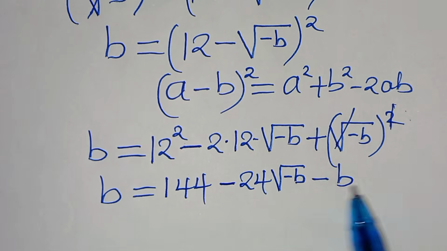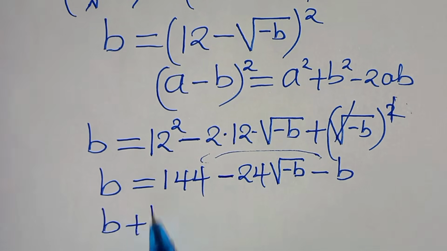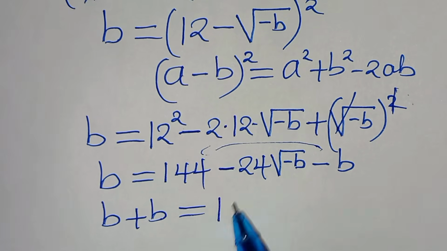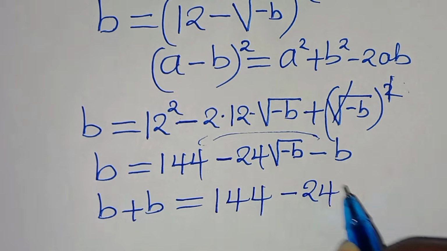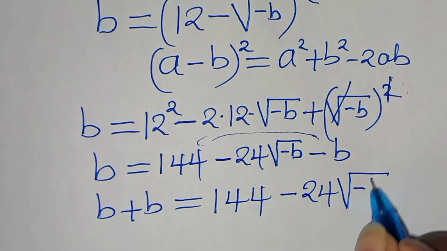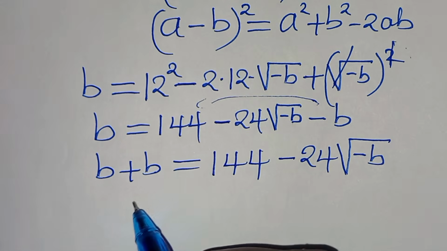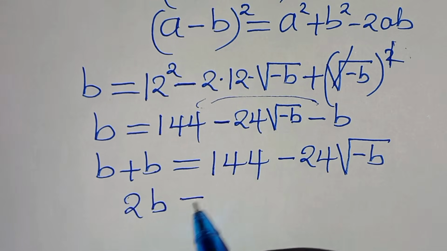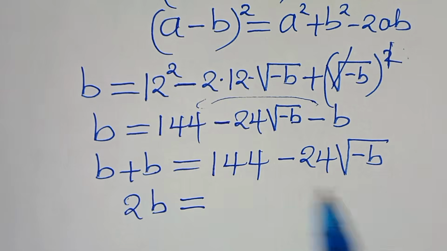Let's take minus b to the left hand side, so that here we have b plus b equal to 144 minus 24 square root of minus b. Now, b plus b is 2b, which is equal to 144 minus 24 square root of minus b.